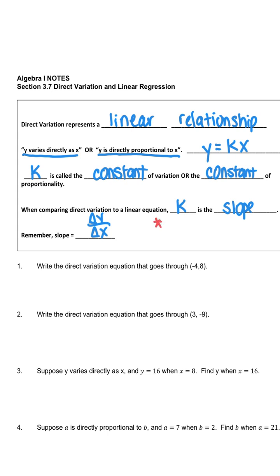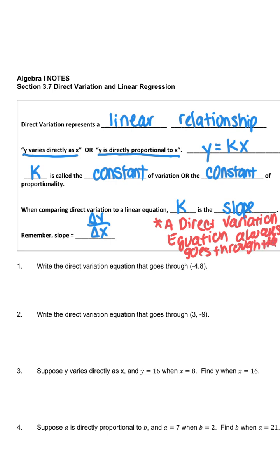A direct variation equation always goes through the origin, which you should remember is 0, 0.